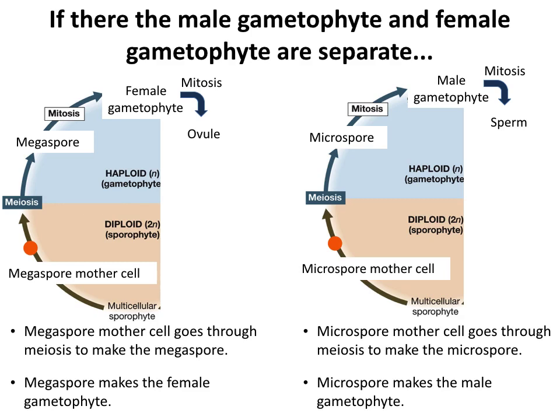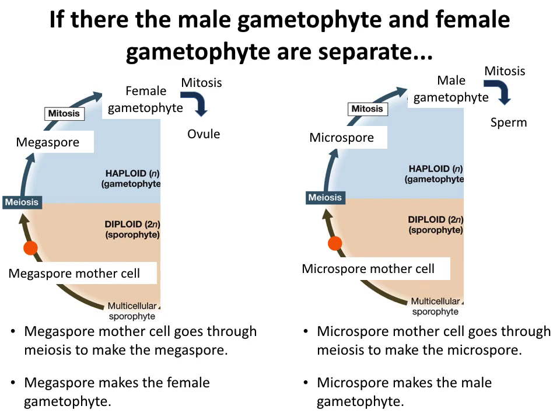Remember, mega refers to the female, and what this is describing is a cell that's going to produce a spore, and specifically, it's going to produce a spore that will grow into the female gametophyte. This spore is going to be called a megaspore. So the megaspore makes the female gametophyte, or goes through mitosis to make the female gametophyte, and the mother cell that produces the megaspore is going to be called the megaspore mother cell.